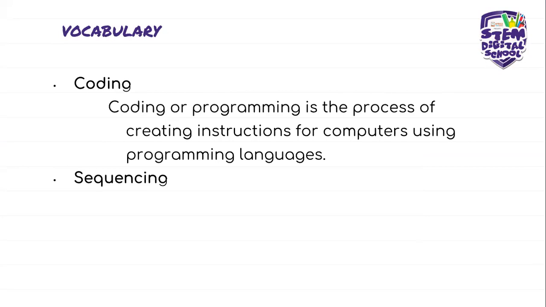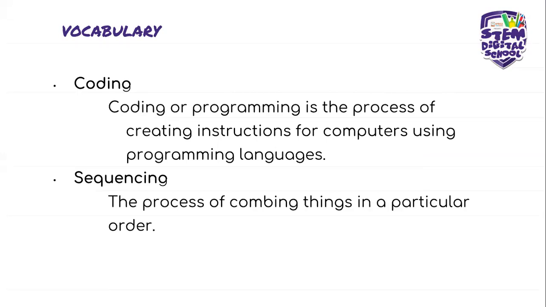Then sequencing, remember, it is probably the most important thing, is the process of combining things in a particular order. And yesterday we saw that if our code isn't in a particular order, maybe our code will run into errors, or it will just go in a crazy loop and it will get stuck and nothing will happen.